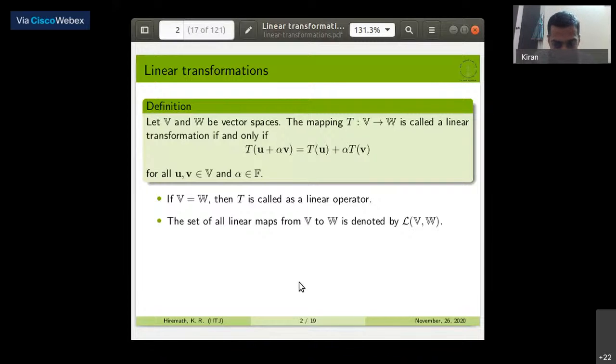And you all know that one of the standard questions based on L(V,W) is, what is the dimension of L(V,W)? If V is of dimension n and W is of dimension m, what is the dimension of L(V,W)? mn. Yeah, so we all know these things, but we have to give motivation for why we want to know.